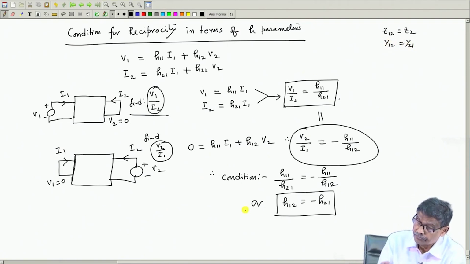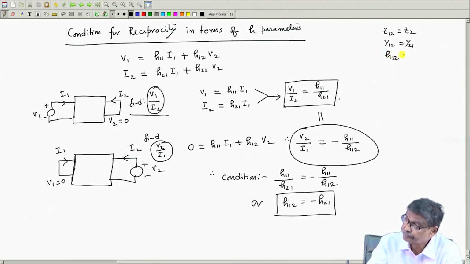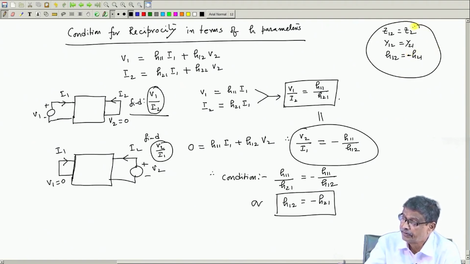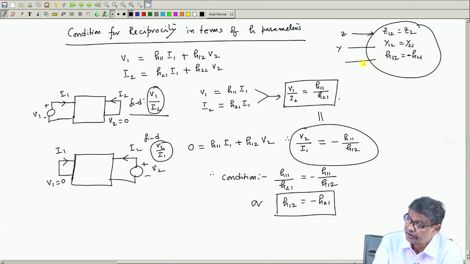And if you represent the same network in terms of H parameters, then the condition is this. There is a slight difference, a negative sign will appear for the H parameters, while this is for Y and Z parameter representation.